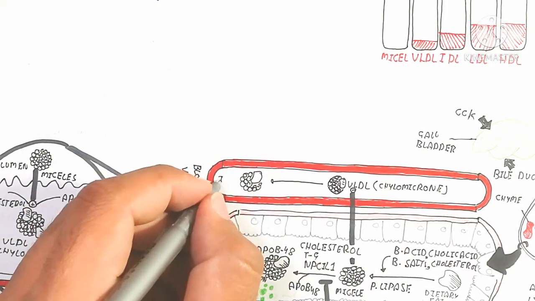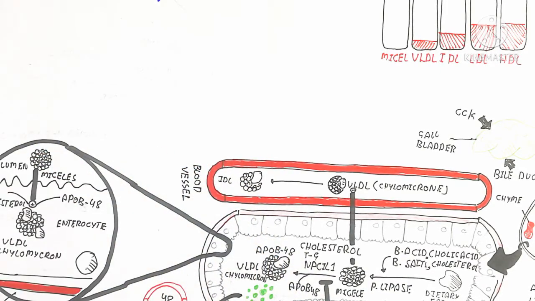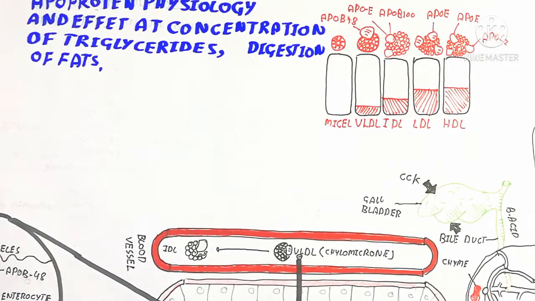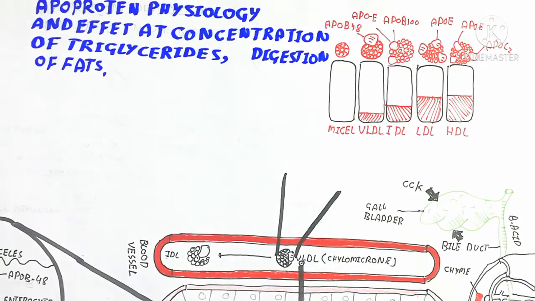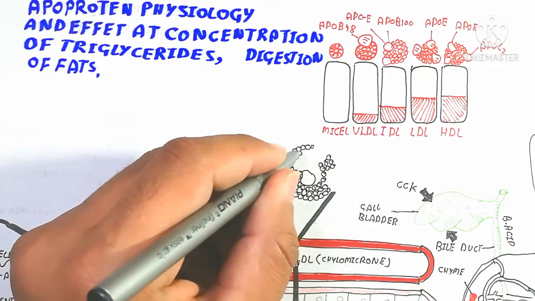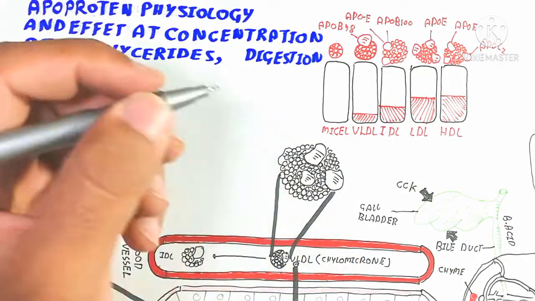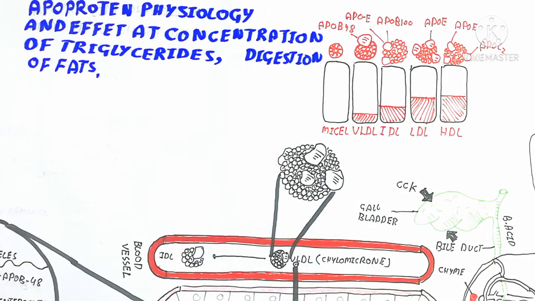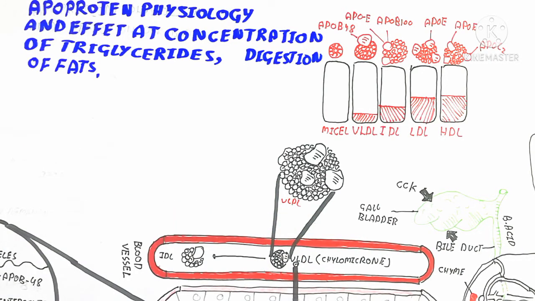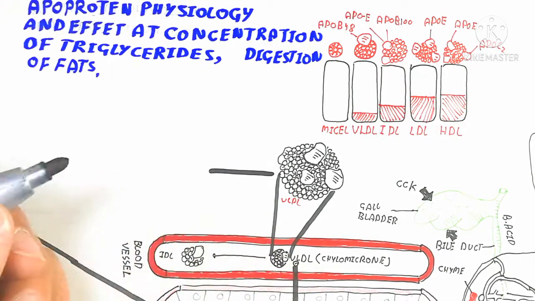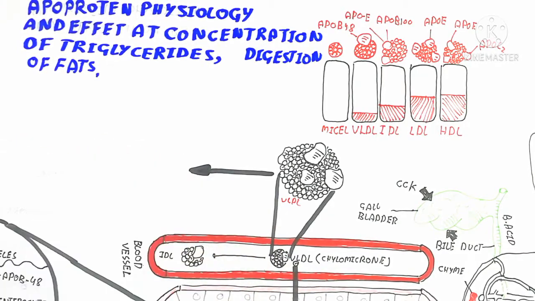So the blood vessel contains very low density lipoprotein. Here it is converted into IDL as it transports fatty acid and triglyceride to the adipose tissue and all peripheral tissues that need triglyceride and fat.